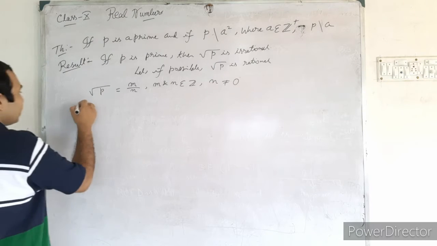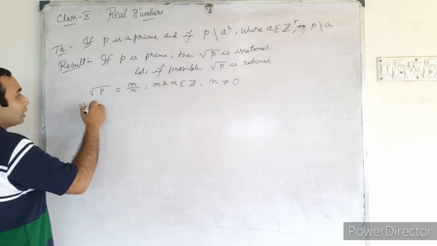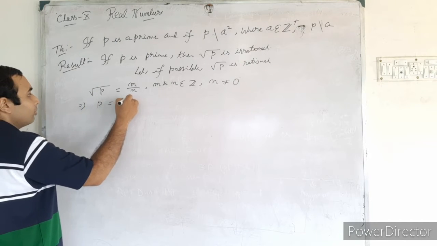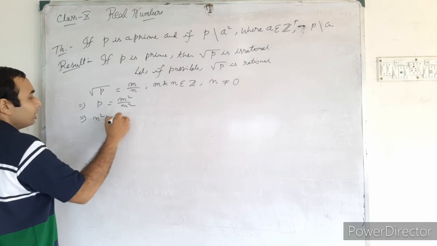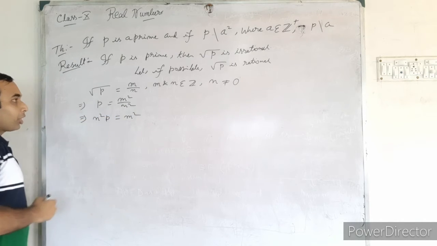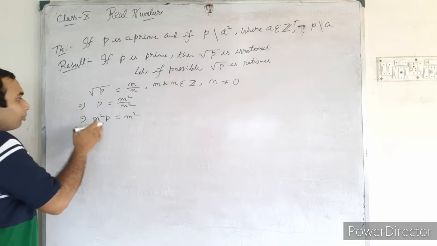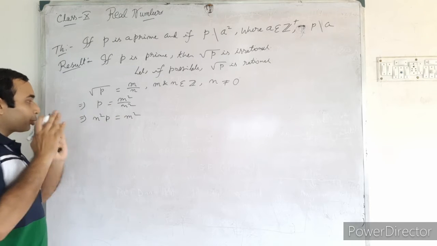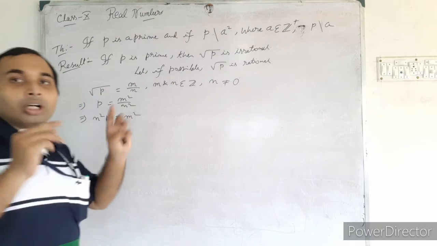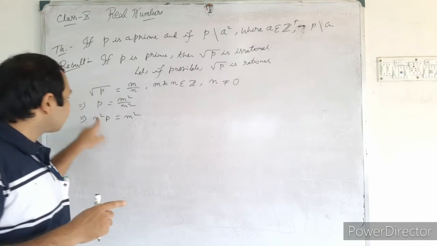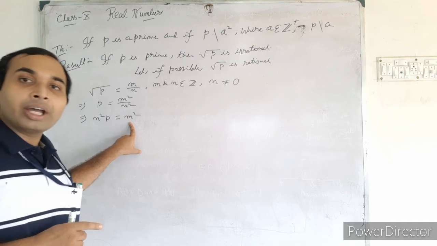Now squaring both sides, we get P equals m square by n square, and from here n square P equals m square. The product of two numbers is another number, so obviously those two numbers individually divide it.